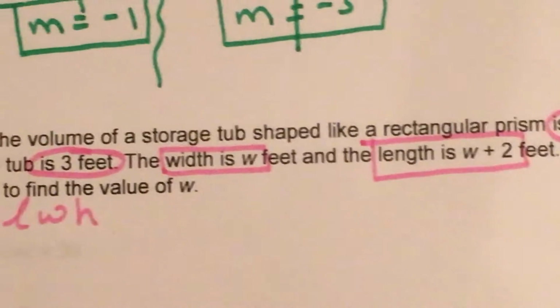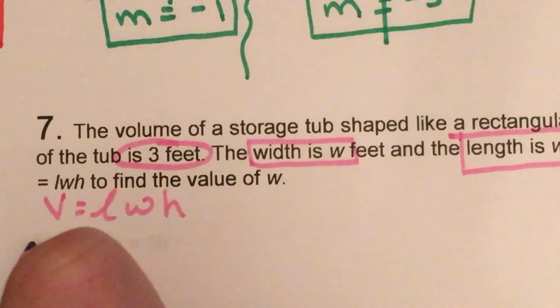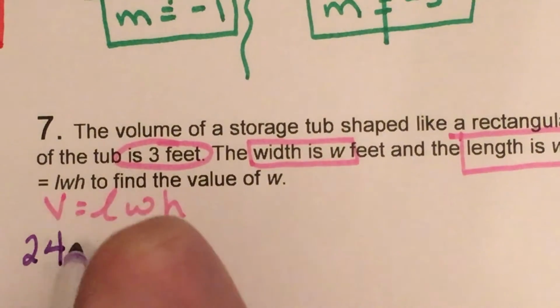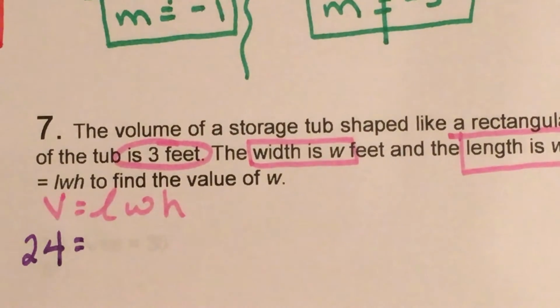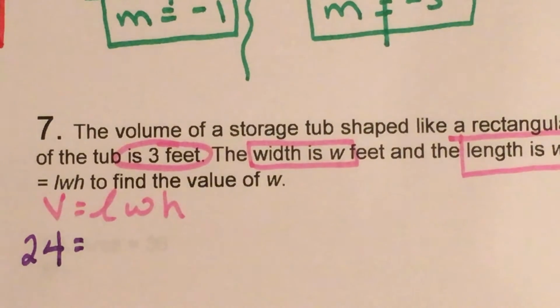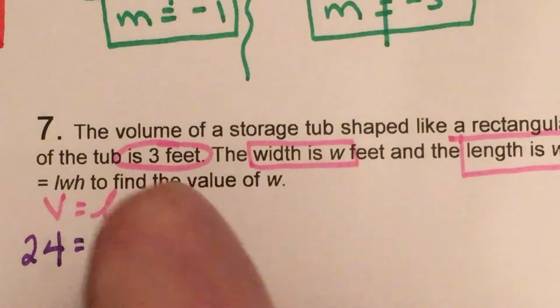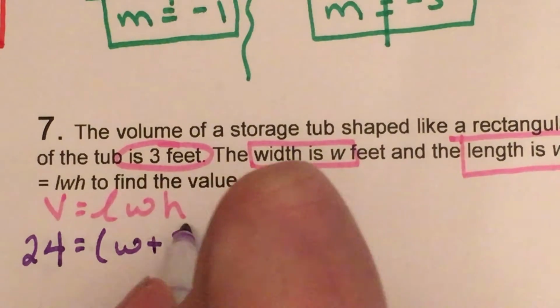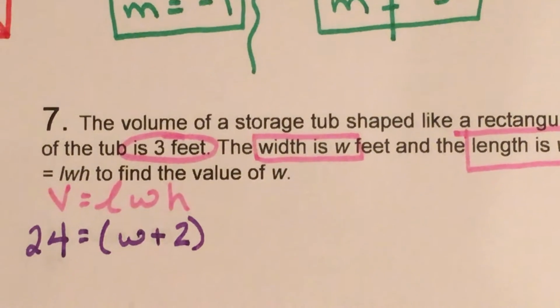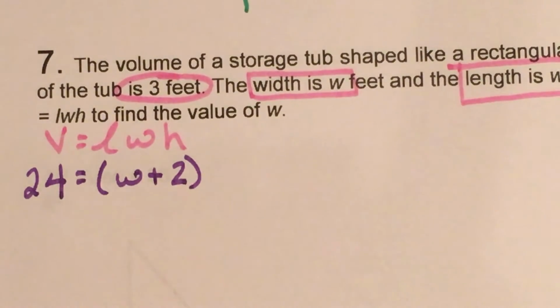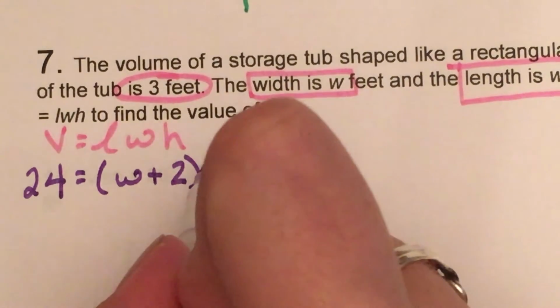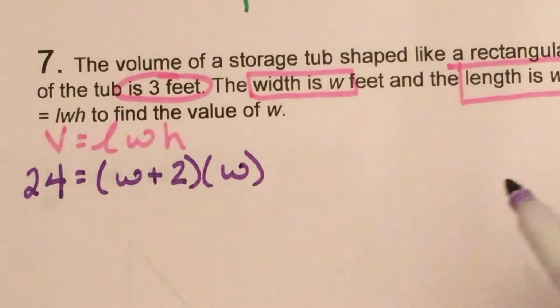So what was the volume? What was V? 24. Great. What was the length? Good, it was W plus 2. What was the width? Yes, just W. And then the height?